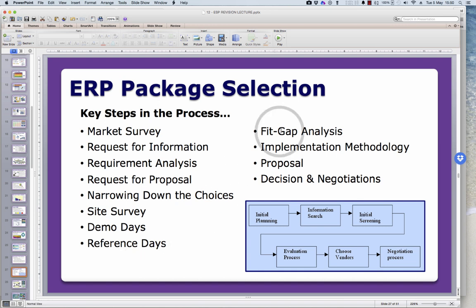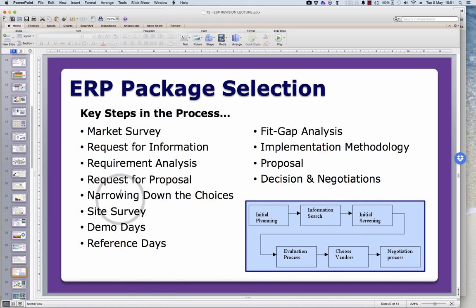You do a fit gap analysis of your primary choice of vendor and package, and then look at that against the other ones you might have chosen and see if there are any gaps, and you might find that you need to change to a different choice if there are too many gaps in what the one you've chosen can do. So you have an implementation methodology, you make a proposal and then decision and negotiations, and then you buy the software and start the whole project off.